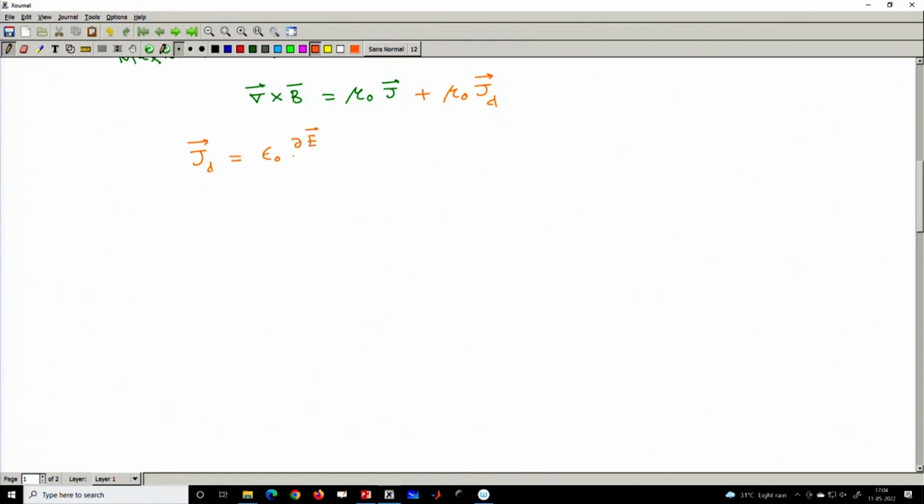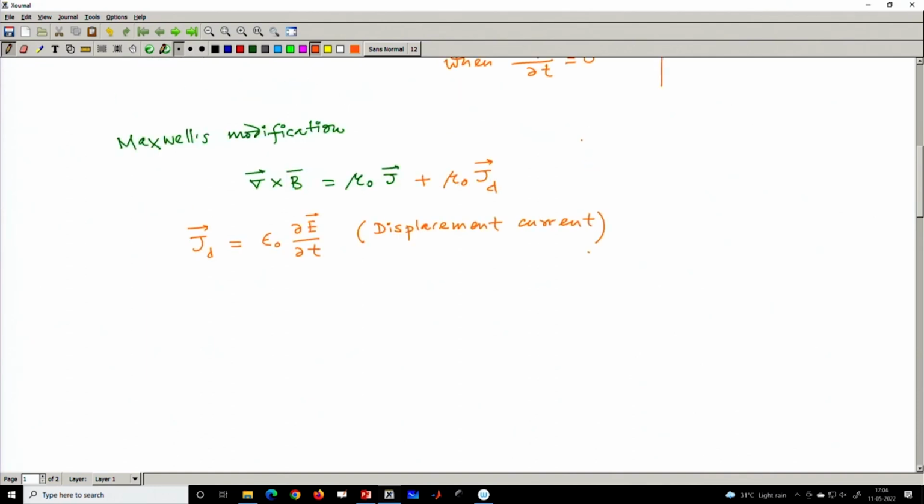How this term appears, I would like to discuss in today's class, and it is called the displacement current.